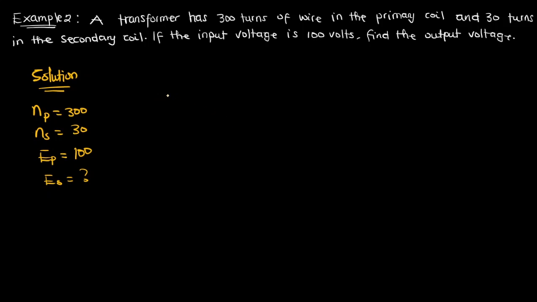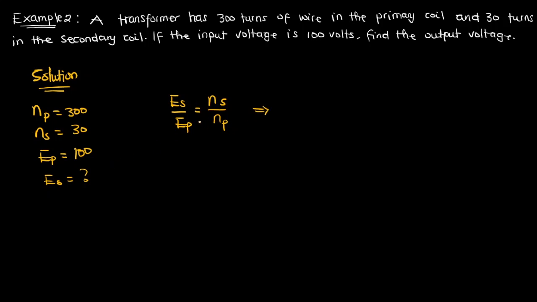Just like we did before, we have our secondary EMF over primary EMF is equal to the number of turns in the secondary over the number of turns in the primary.